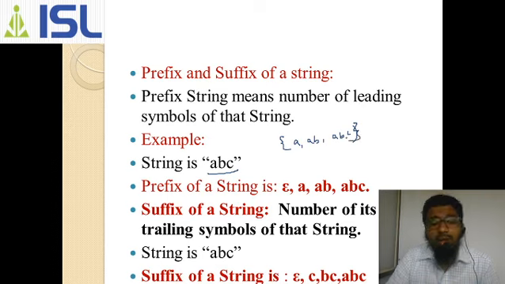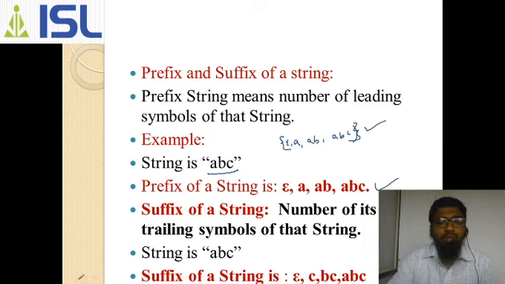So the prefix of the string is first epsilon, then A, AB, ABC. Like this you will get the prefix strings. Clear?